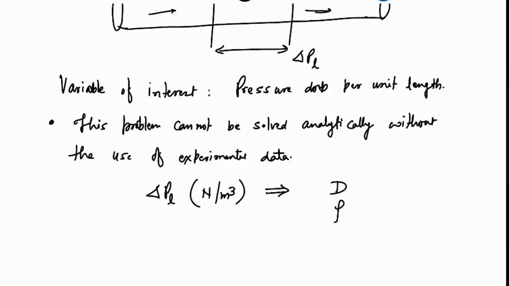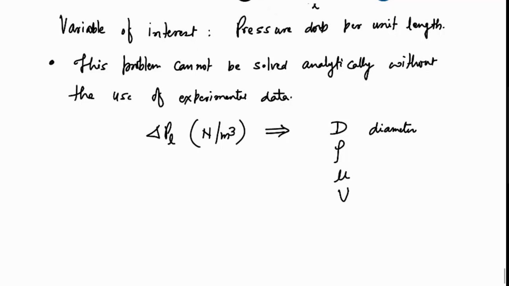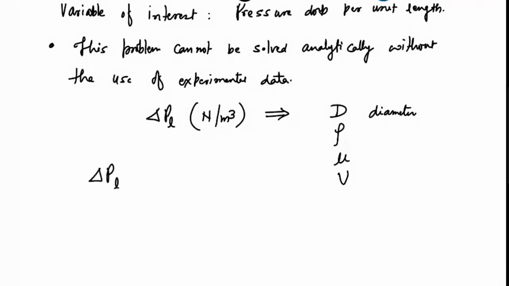This is diameter, this is density, and this is fluid viscosity. It will also depend on the mean velocity of the fluid. So I can say this delta PL is a function of different variables: diameter, density, viscosity, and the mean velocity in the pipe.